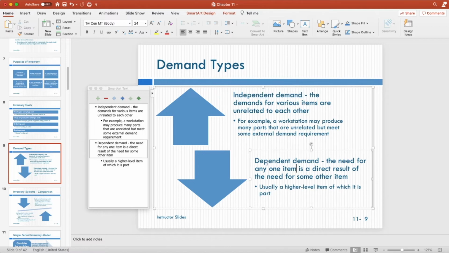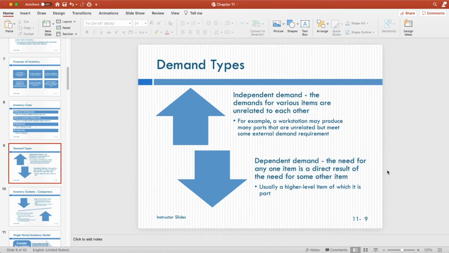But in other cases, the need for one item is highly related or even a direct result of the need for some other items. In those cases, we call it dependent demand. Let me give you a quick example. Let's say you are producing a car.